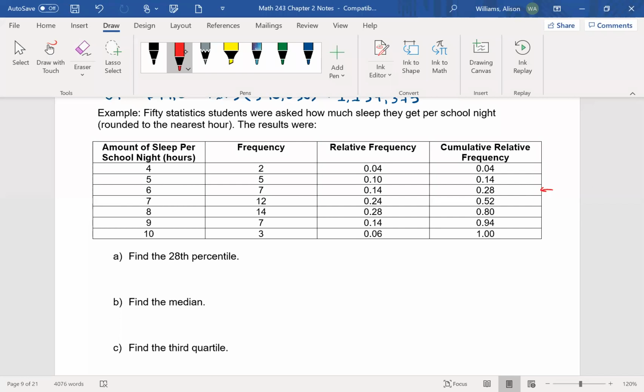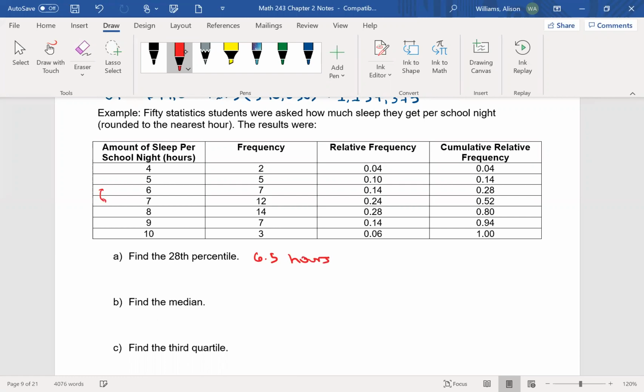And often for that reason, we say that the actual number that represents the 28th percentile is going to be a little bit bigger than this. In other words, it would be between the next 2 categories, the 6 and the 7. So between the 6 and the 7, that would be 6.5 hours.